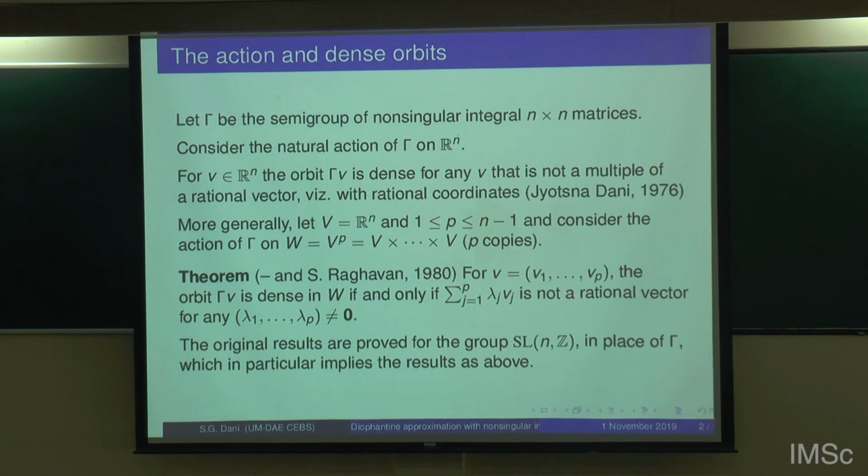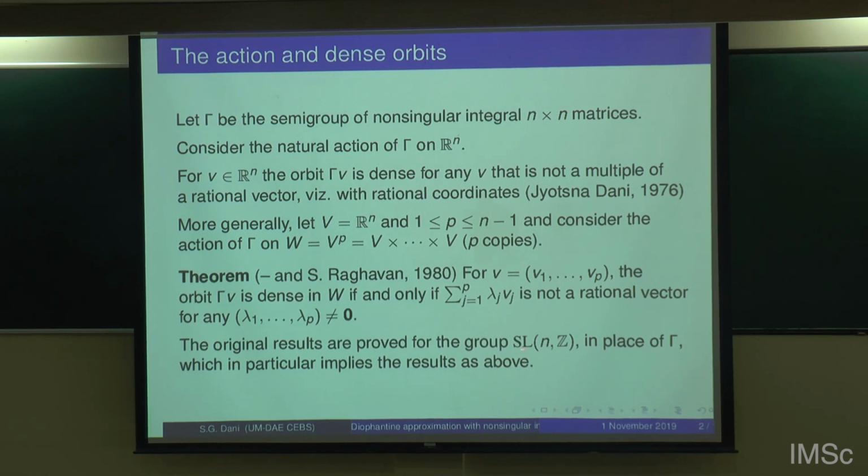The point of this theorem was the converse: so long as your vectors are such that this linear combination is not a rational vector for any non-trivial p-tuple lambda 1, lambda 2, up to lambda p, then the gamma orbit is dense.